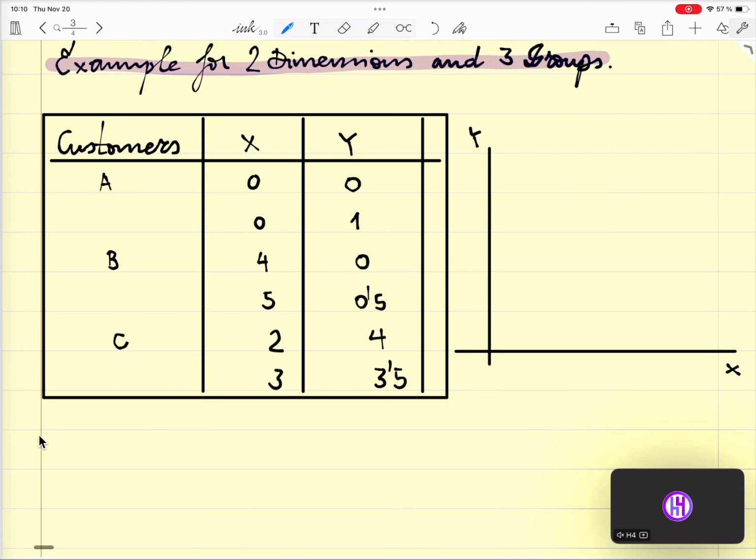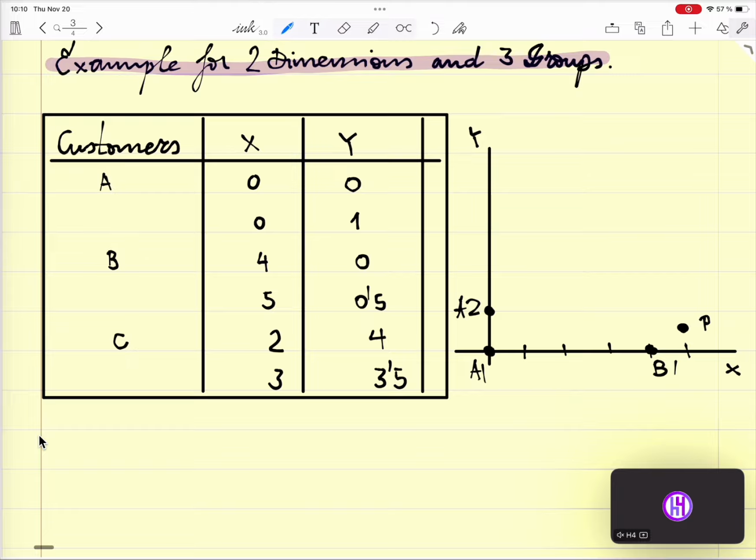If we paint these customers in the map, then we have 0, 0, which is A1. Then we have 0, 1, which is A2. So these are the customers A1 and A2. Then we have 1, 2, 3, 4. We have here B1. And then 5, 0.5.